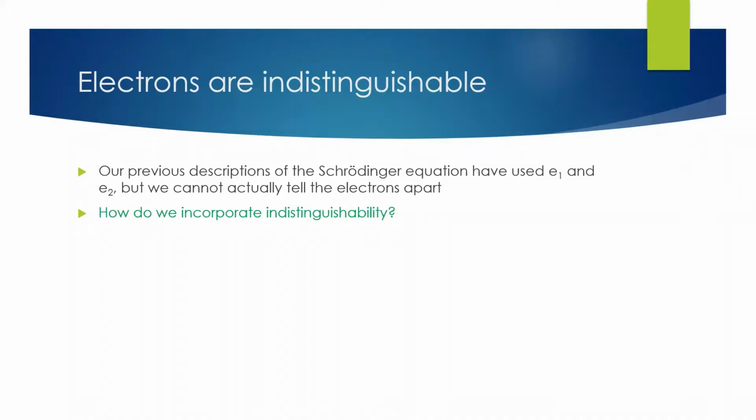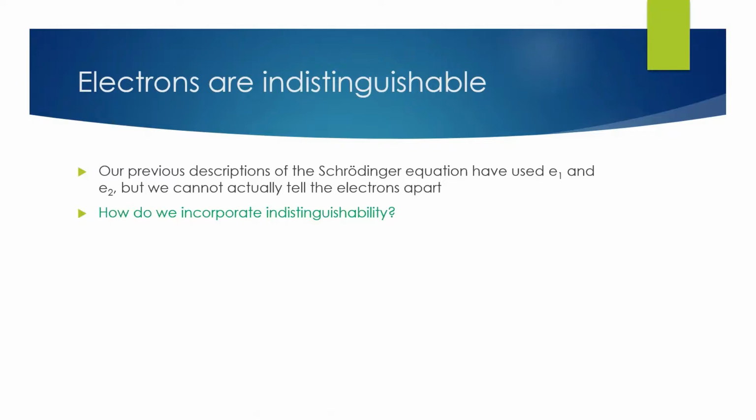So how can we incorporate this? We need to get what we can measure and make sure that that is the same. We measure the same thing whether or not we switch the positions of electron 1 and 2. And remember, what we're measuring is not the wave function, it is the square of the magnitude of the wave function.